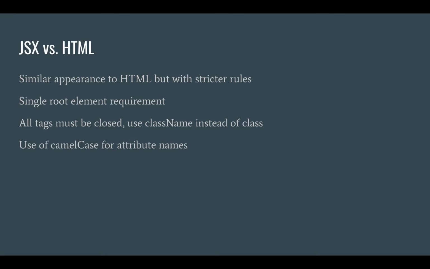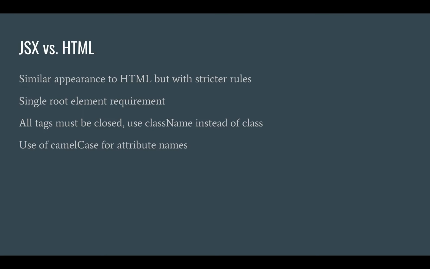It's represented by an empty bracket to group multiple elements without adding extra nodes to the DOM. And additionally, JSX tags must be properly closed, including self-closing tags like the image tag.